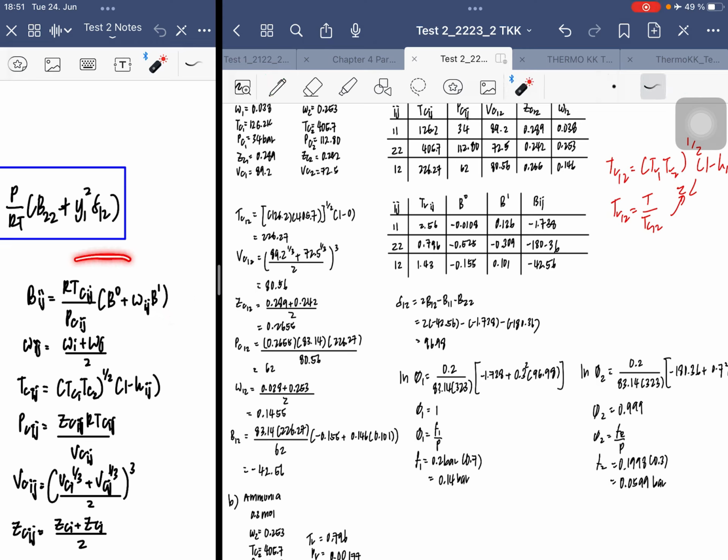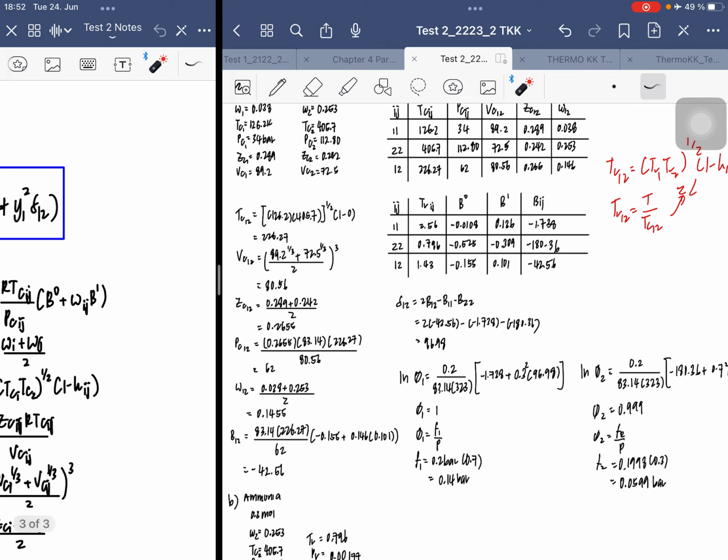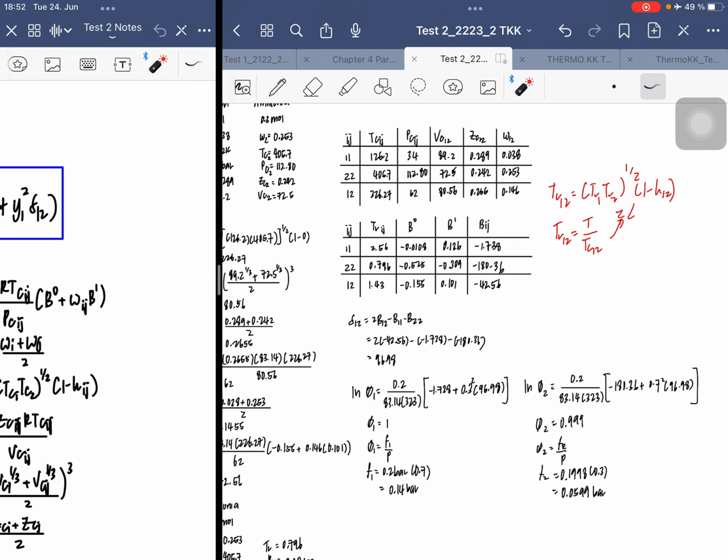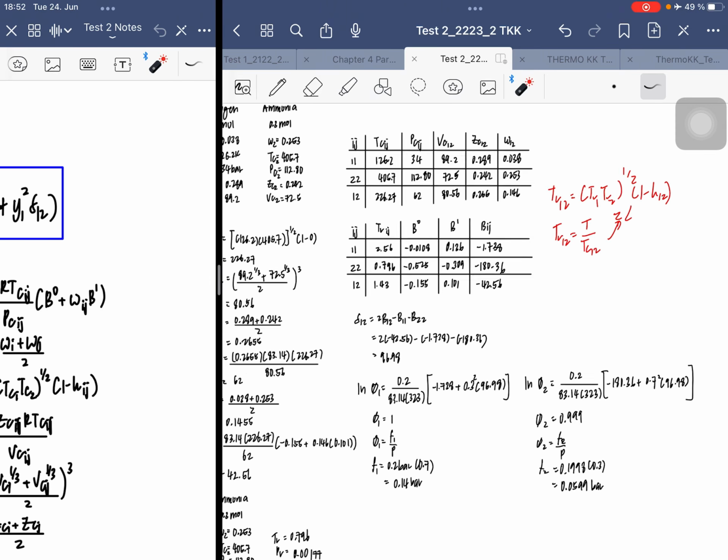If I want to find, say, B11, then it's RTC11 over PC11 times B0 plus W11 B1, depending on which species you want to find.